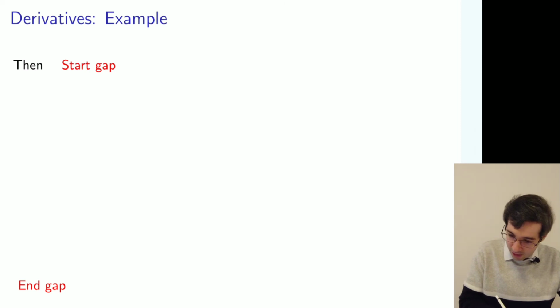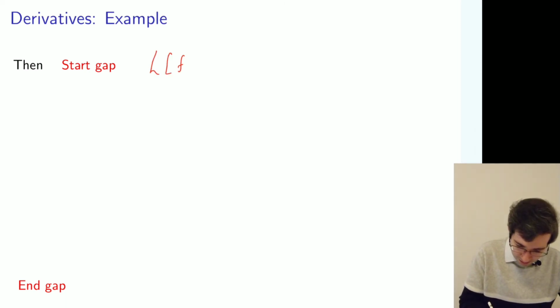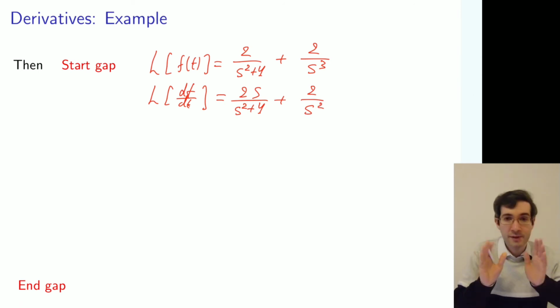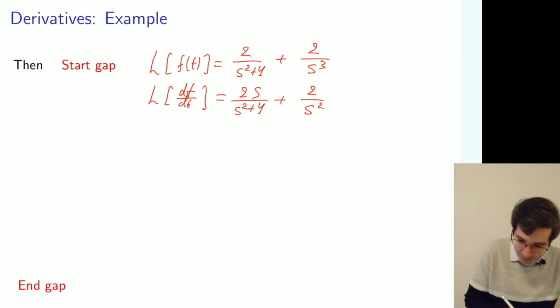We know that the Laplace transform of f of t is 2 over s squared plus 4 plus 2 over s cubed, and we know that the Laplace transform of its derivative is 2s over s squared plus 4 plus 2 over s squared. We did it directly, but let's check what the right-hand side tells us.